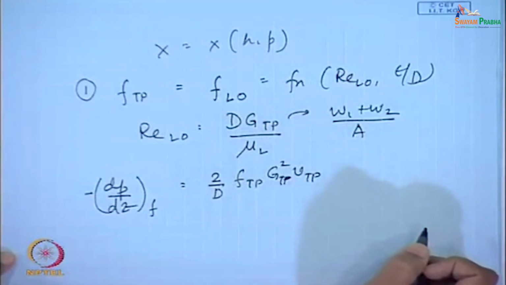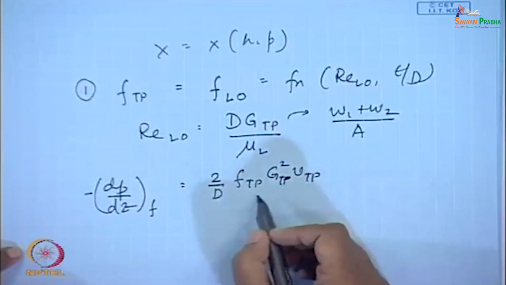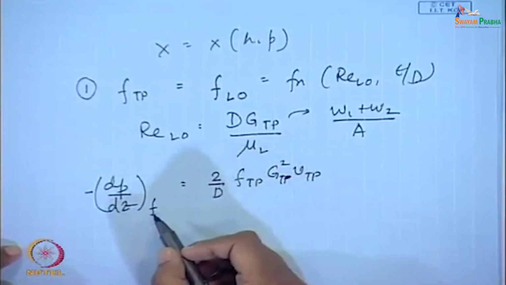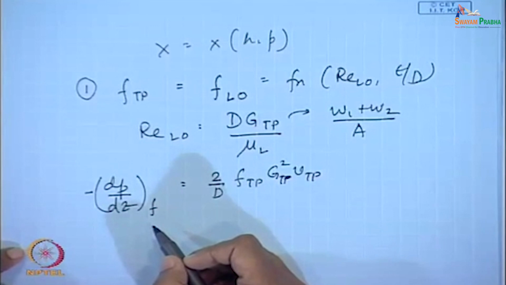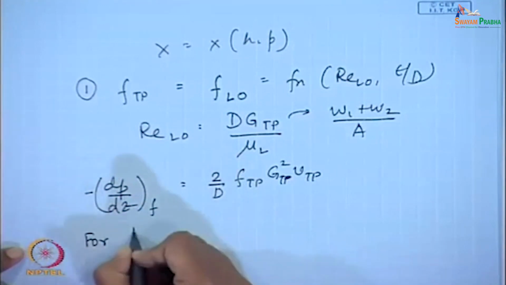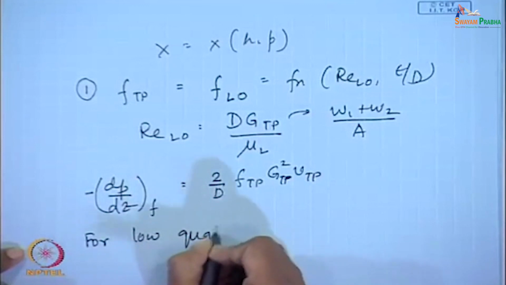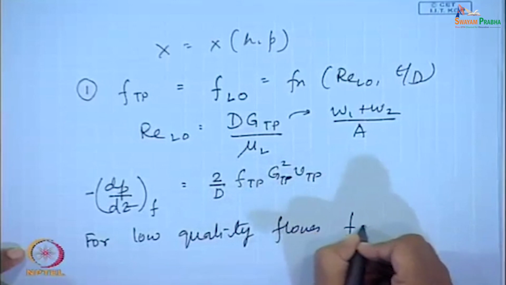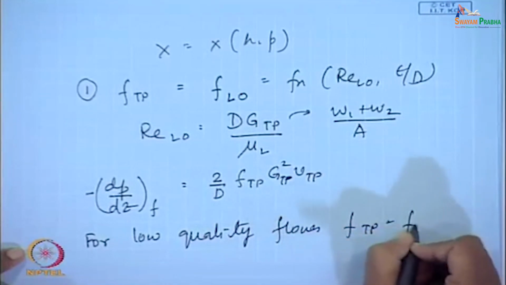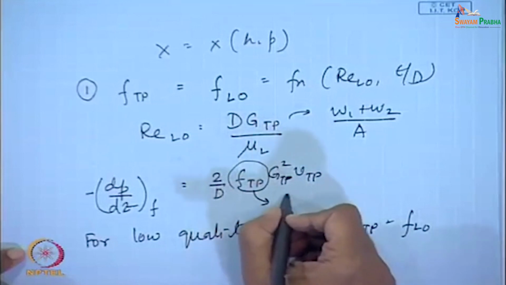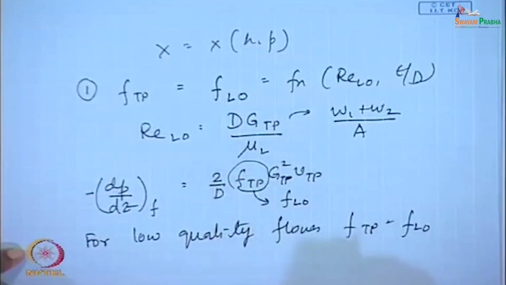This was the expression of the frictional pressure gradient which is encountered for gas liquid two phase flows. Okay. Now, for low quality flows, what have we assumed? We have assumed that FTP equals FLO. So, instead of this particular FTP, we can substitute it with FLO.